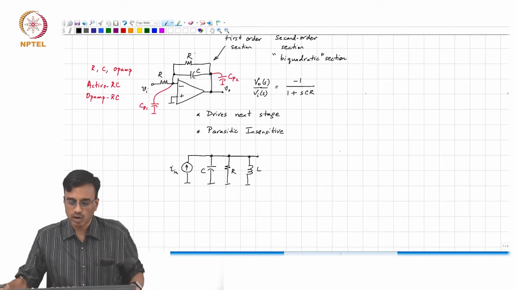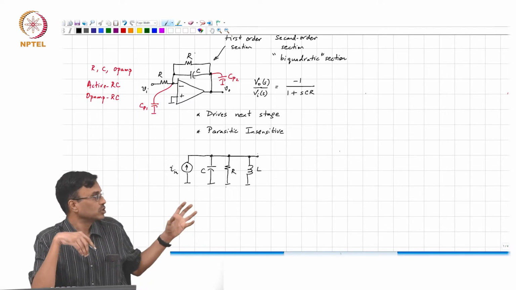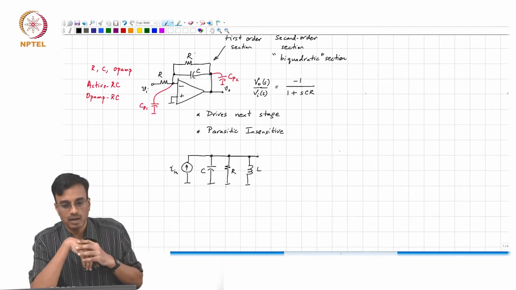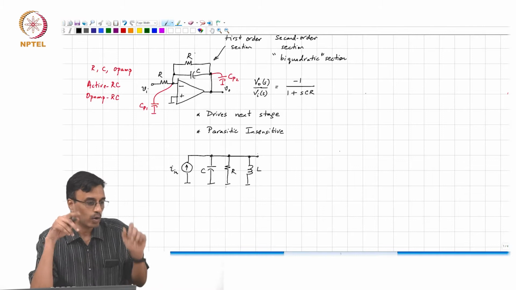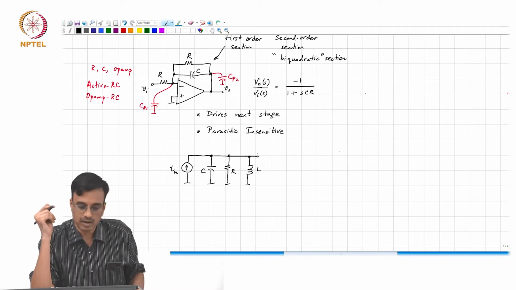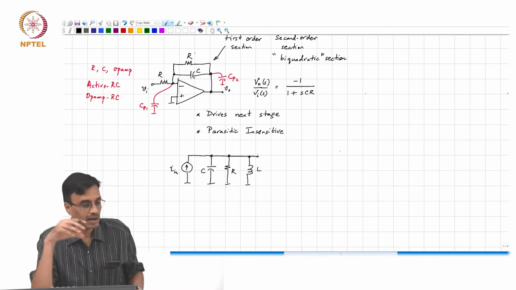Now the question is, again, we'd like to make sure that this section does not get affected by loading of the next stage.